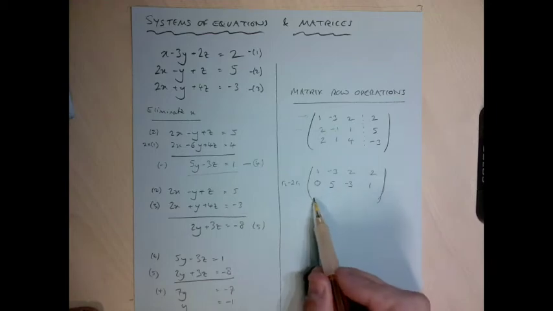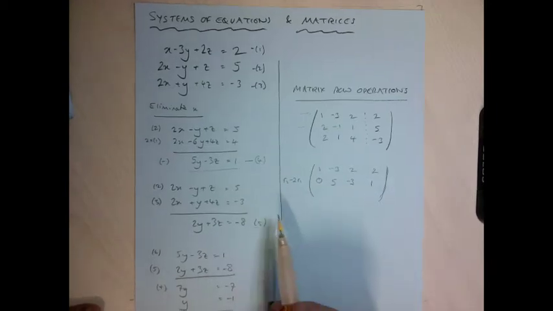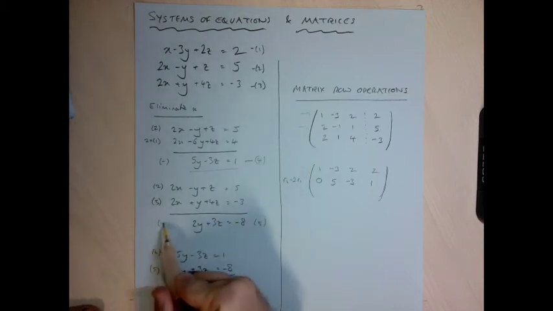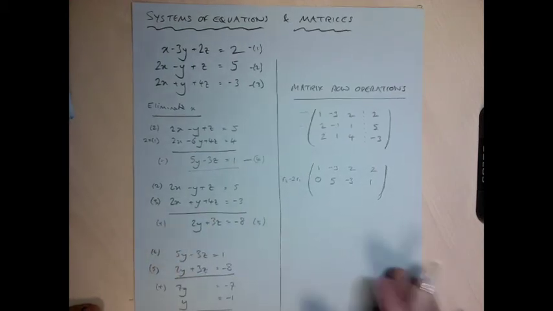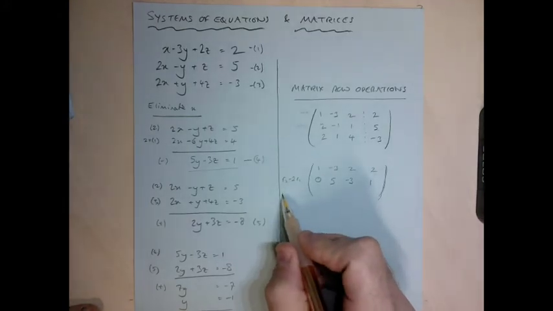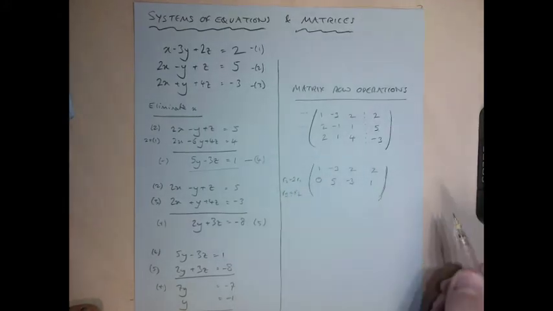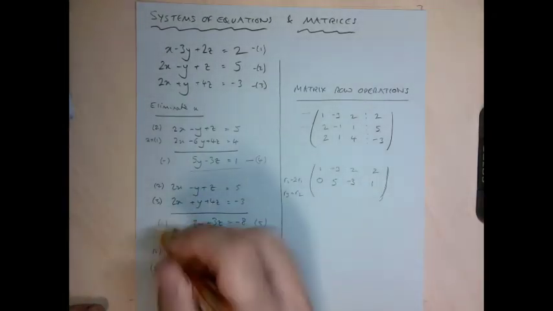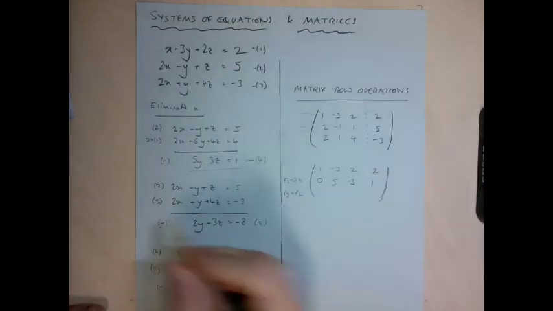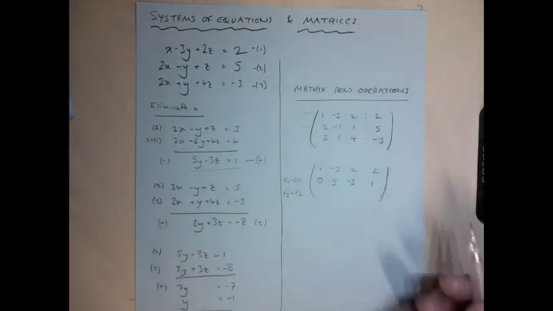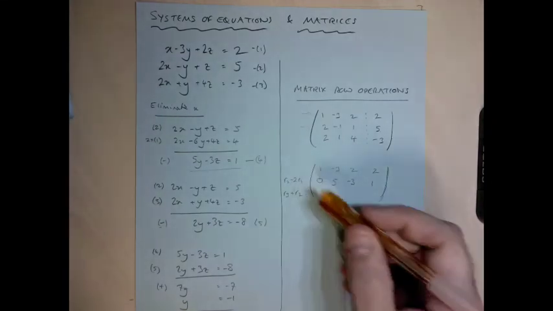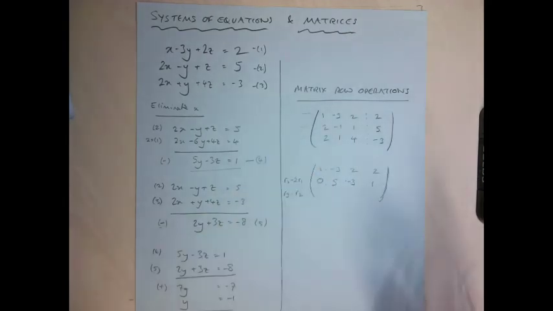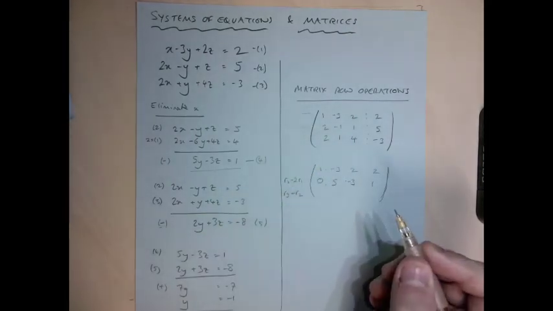For the next step, if you recall, I took equation 2 and equation 3 and subtracted them. In the matrix system, this is equivalent to row 3 subtract row 2.